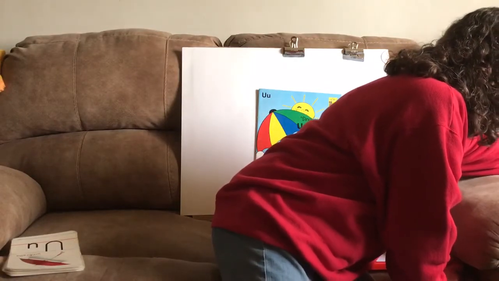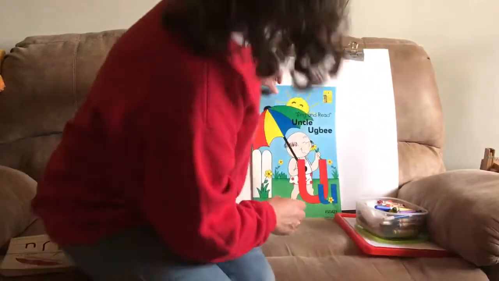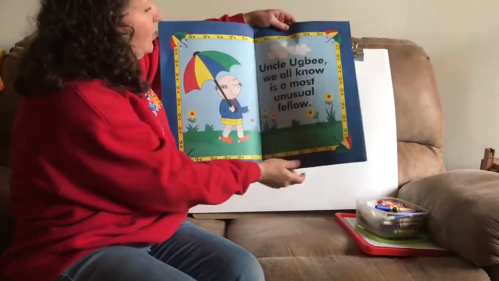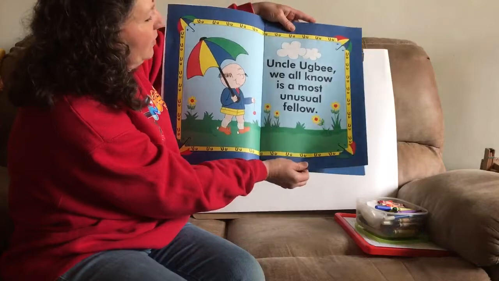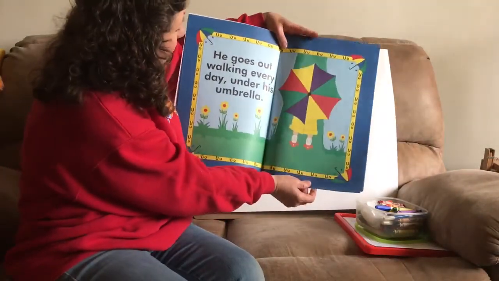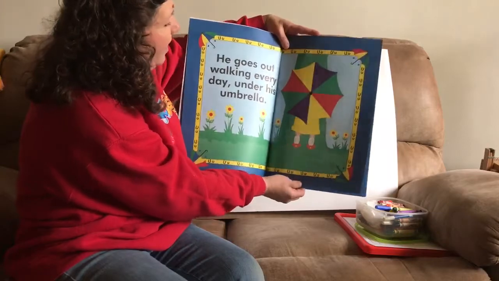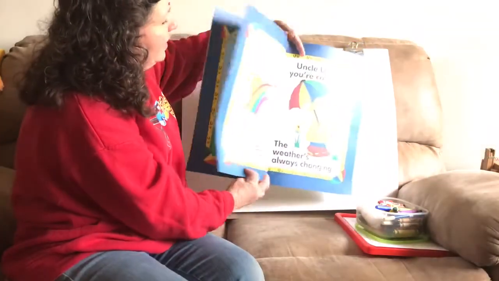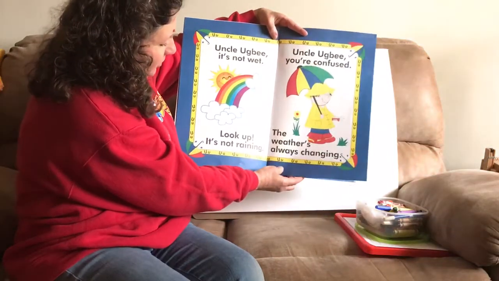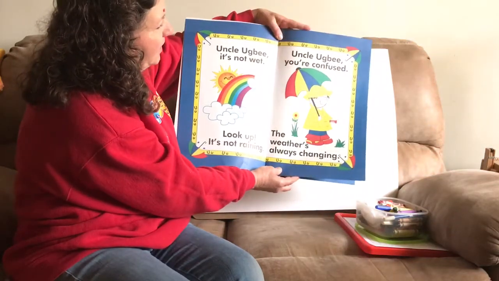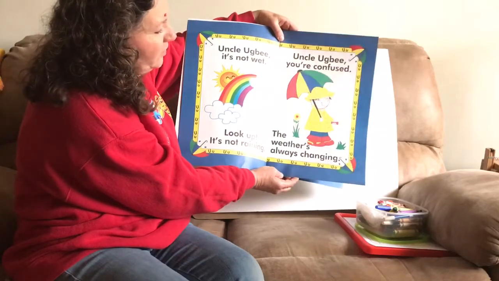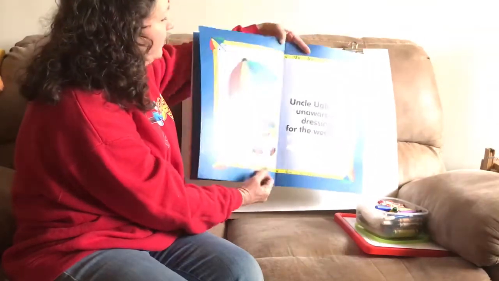Who's that unusual person under the umbrella? Oh, that's Uncle Ugby, and he's always confused. Uncle Ugby, we all know, is a most unusual fellow. He goes out walking every day under his umbrella. Uncle Ugby, it's not wet. Look up, it's not raining. Uncle Ugby, you're confused. The weather's always changing.